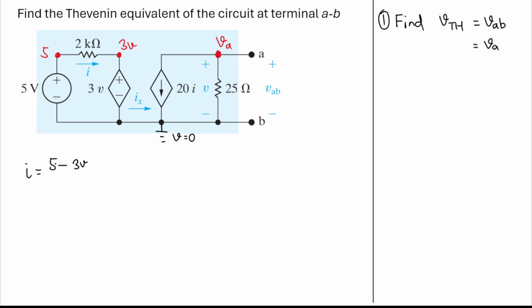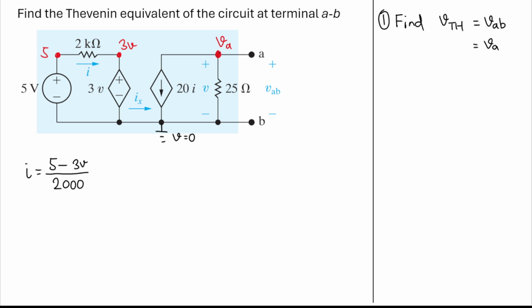So I will have 5 minus 3V, and then it is divided by the resistance between them, because this is voltage. To get current, we need to divide it by the resistance. This is 2 kilo ohm, so I just write 2000 here. Okay, and I think there is nothing more we can do from this one.